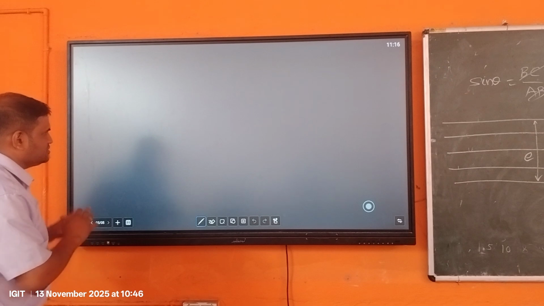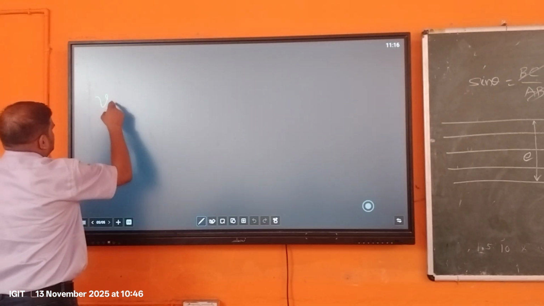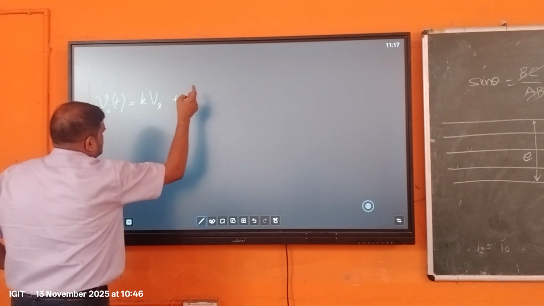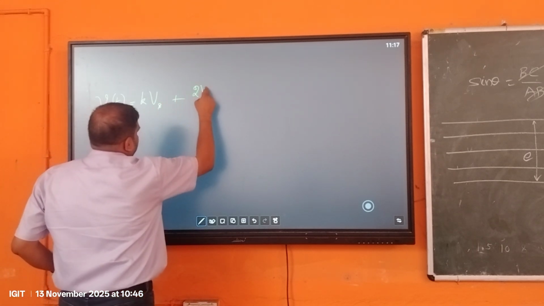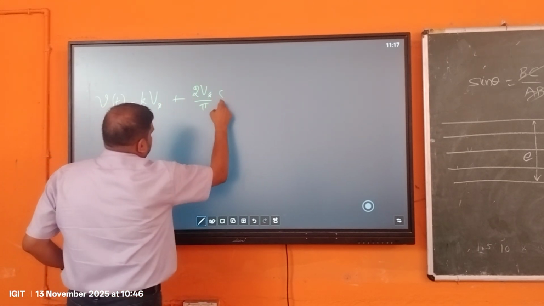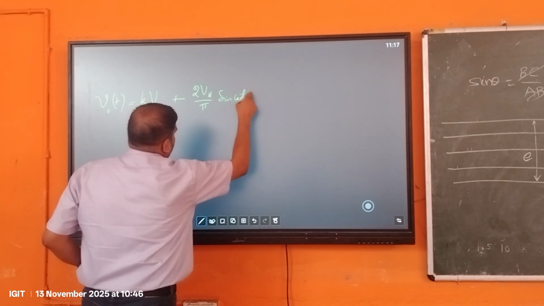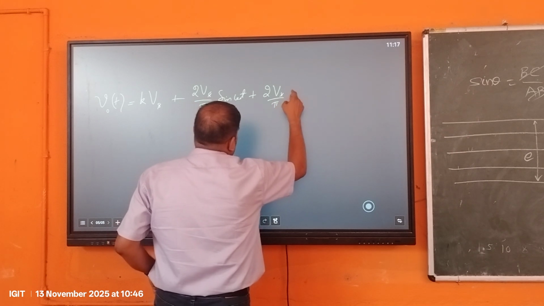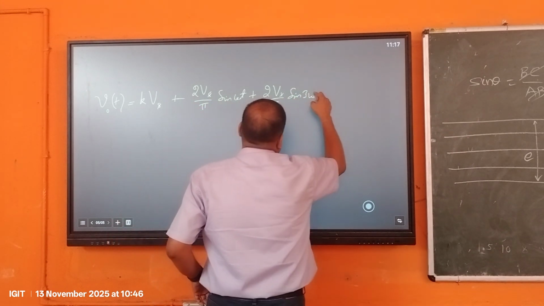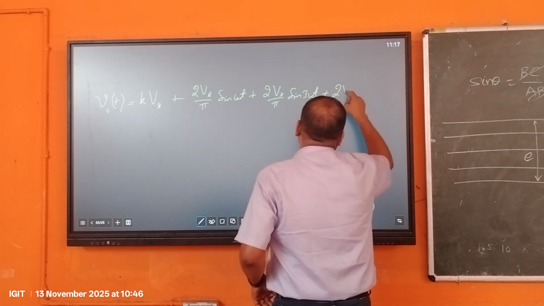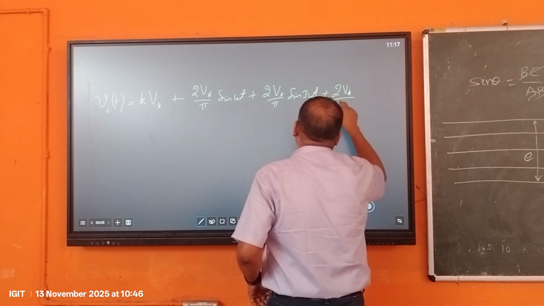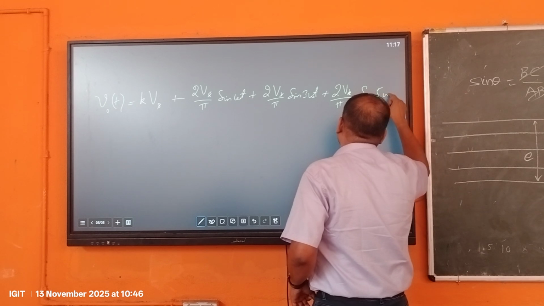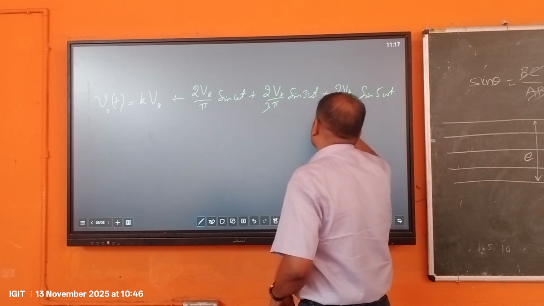Now after expanding this Fourier series, we got V0t is equal to kVs plus 2Vs by pi sine of omega t plus 2Vs by pi sine of 3 omega t plus 2Vs by pi. What is the mistake I have done? Yes, 3 pi, and this was 5 pi.